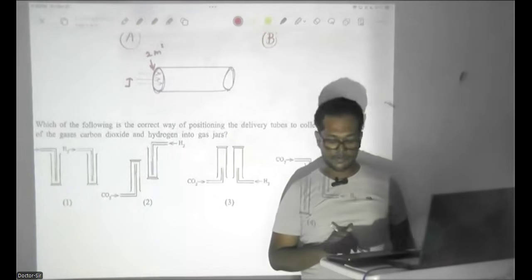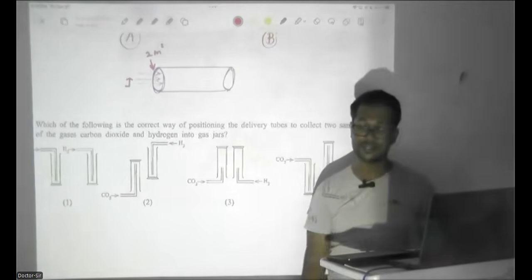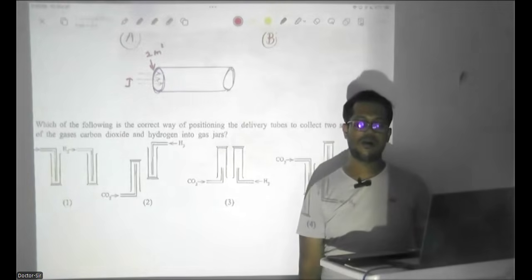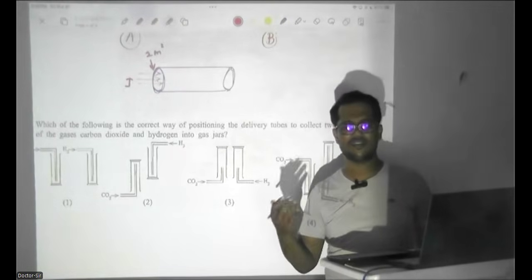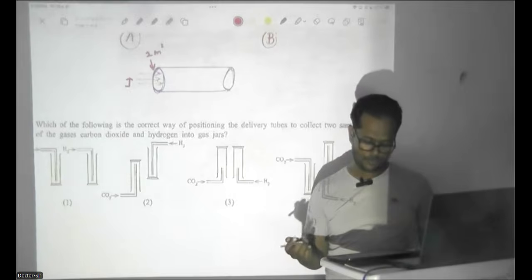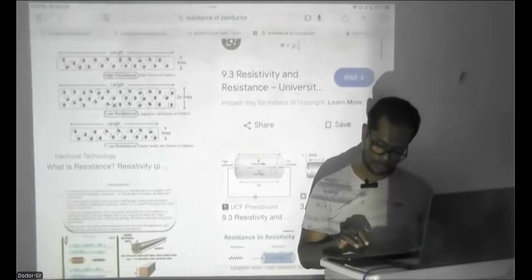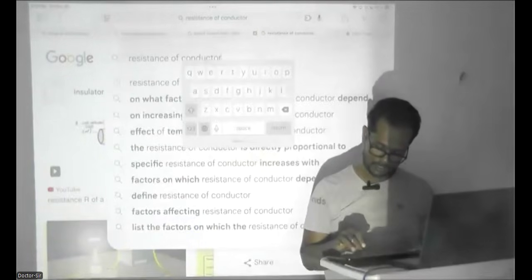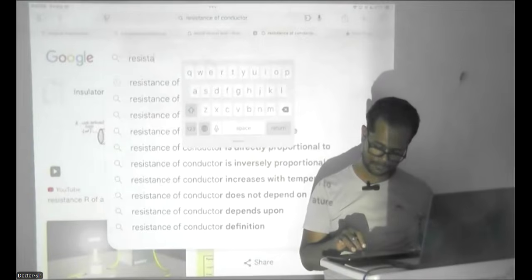One is the underwater method, and what is the other method? The next method, tell me. Okay, tell me, I will show you something.